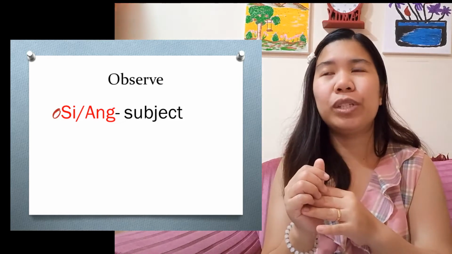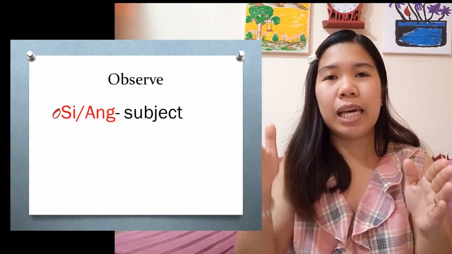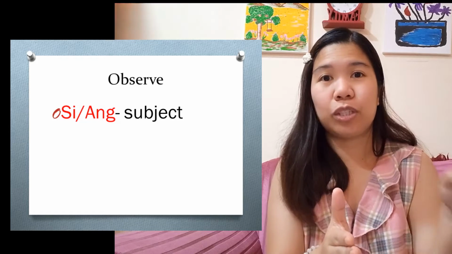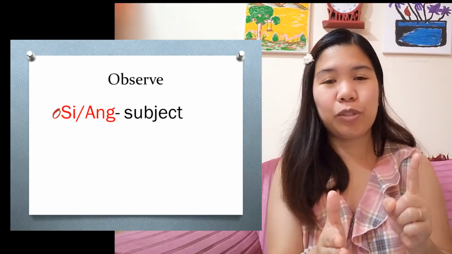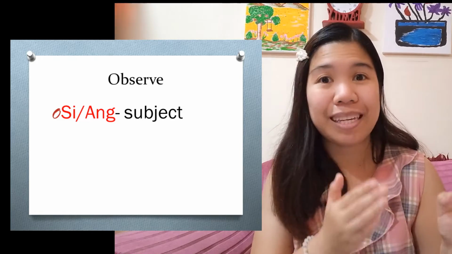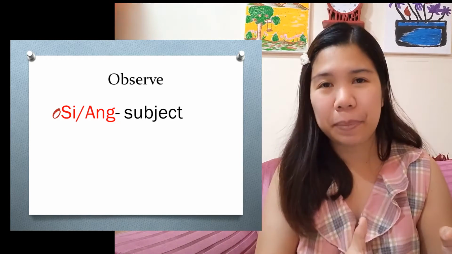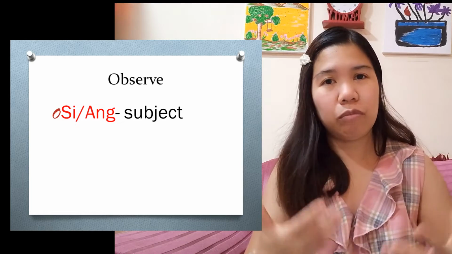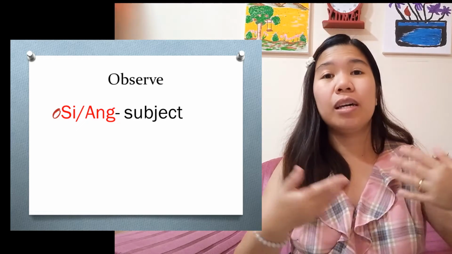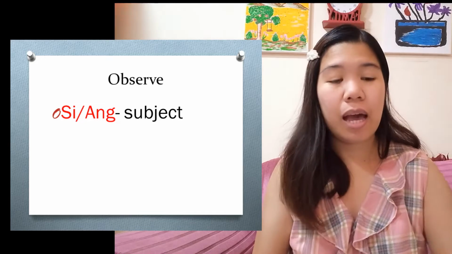Example, if you see the phrase si Jonah, Jonah there is the subject of the sentence. Always remember. Or if you say ang kambing, goat, it usually means that kambing, the goat, is the subject of the sentence.